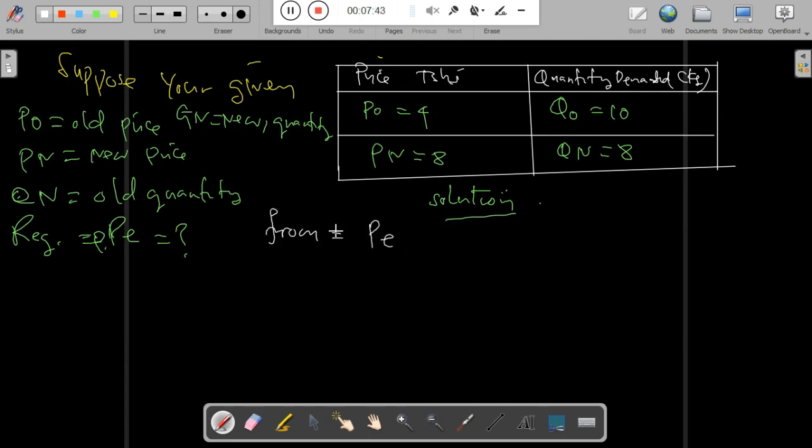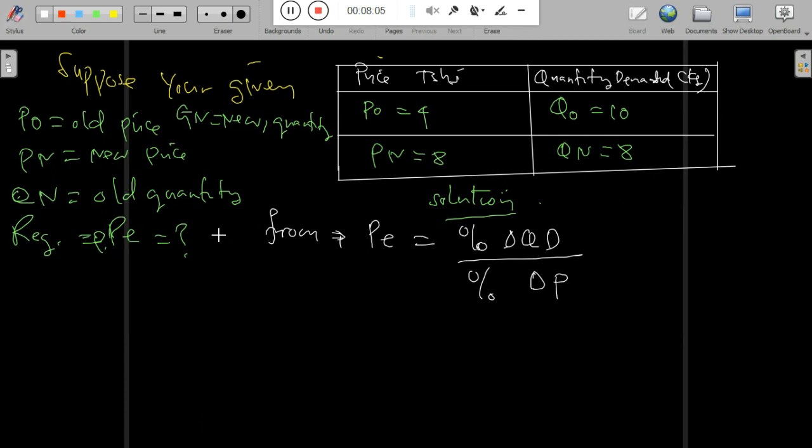Now remember that the change in quantity demanded is Qn minus Qo, and the change of price is equal to the current price, Pn, minus the old price, Po.